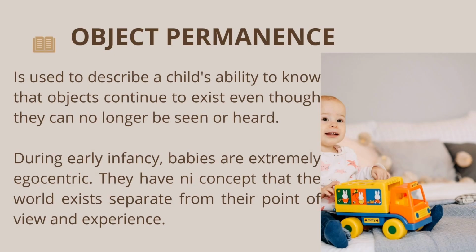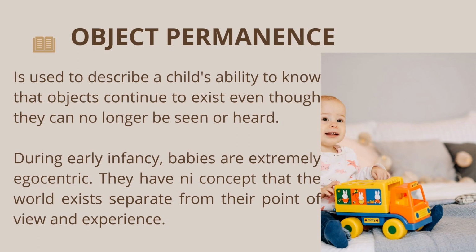Object permanence. We all know that the term object permanence is used to describe a child's ability to know that objects continue to exist even though they can no longer be seen or heard. The concept of object permanence plays a significant role in the theory of cognitive development created by psychologist Jean Piaget.